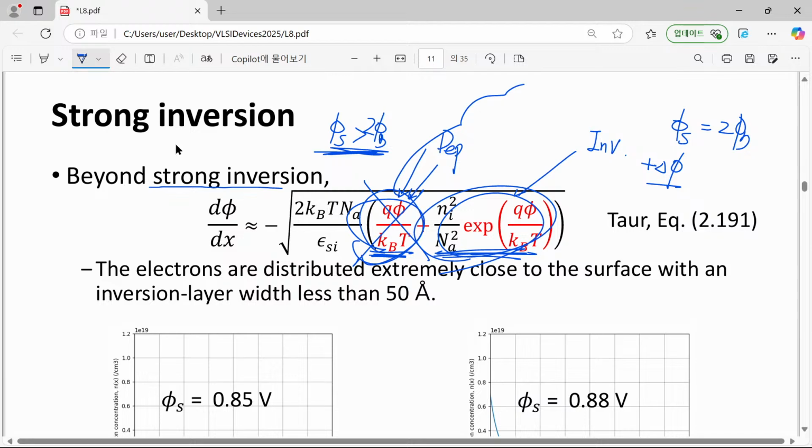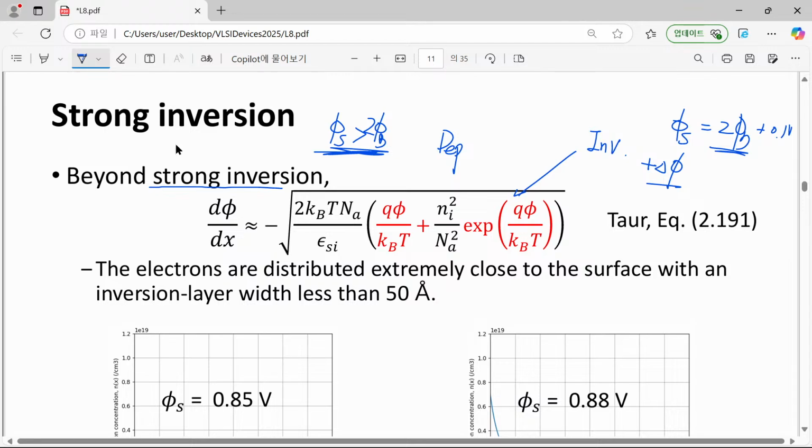But the point is, further increase of surface potential is quite limited, because surface potential is almost pinned to 2 times phi b. Only a small difference like 0.1 volt or around this number is allowed. So compared with this term, this one does not grow dominantly. Although this term becomes much higher than this one, we still have to keep this depletion related term.